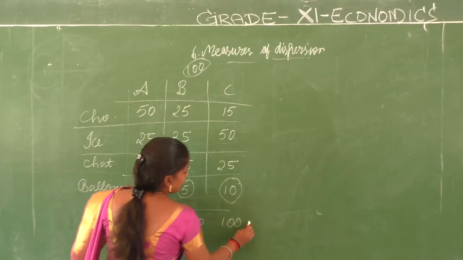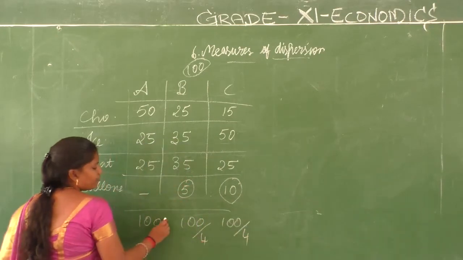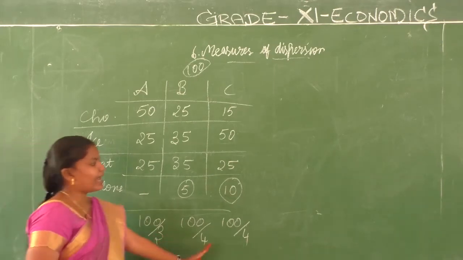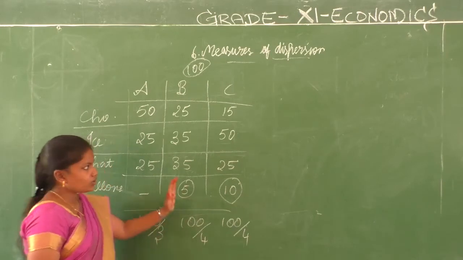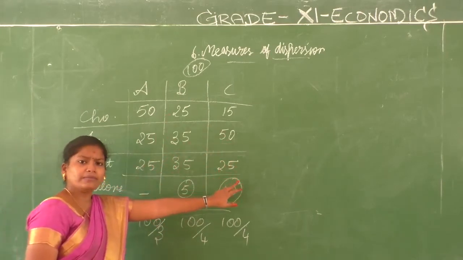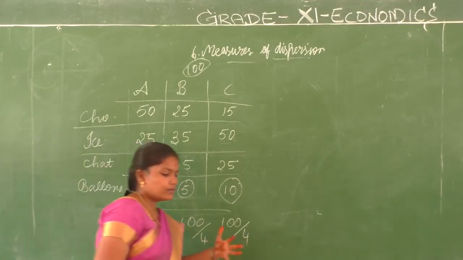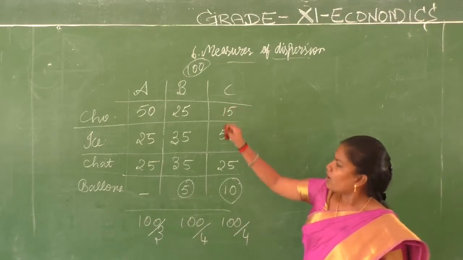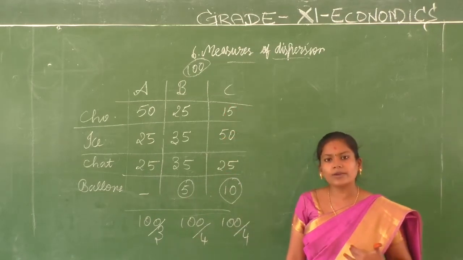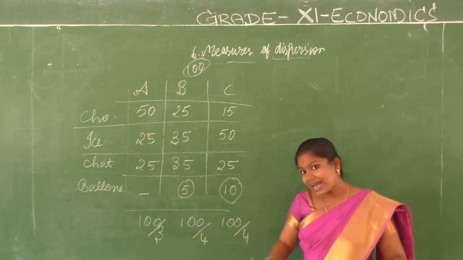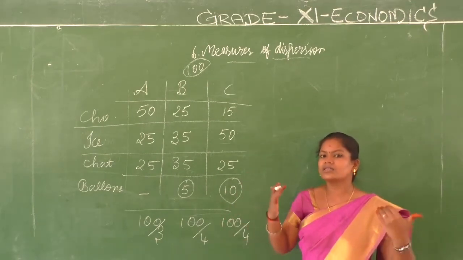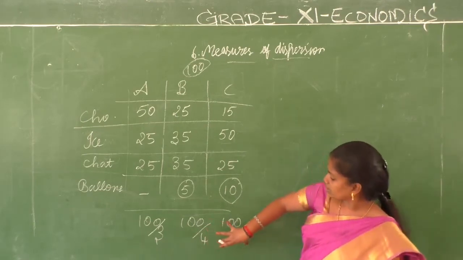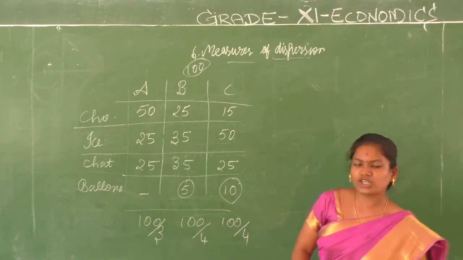So 100 by 4, here 25 rupees is the change.